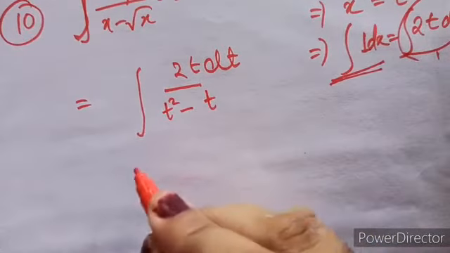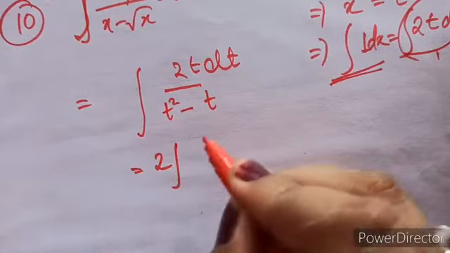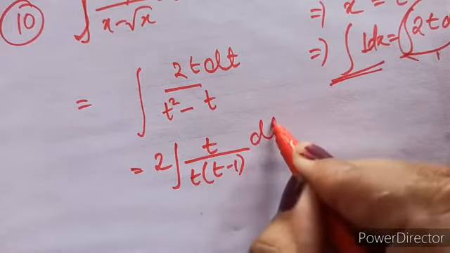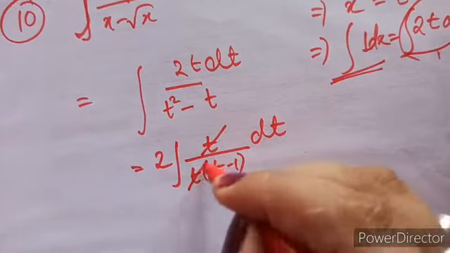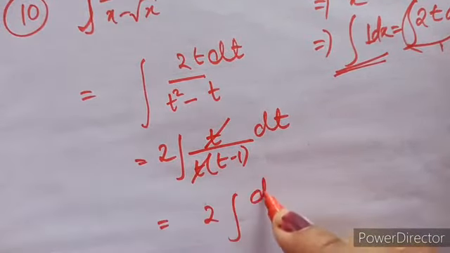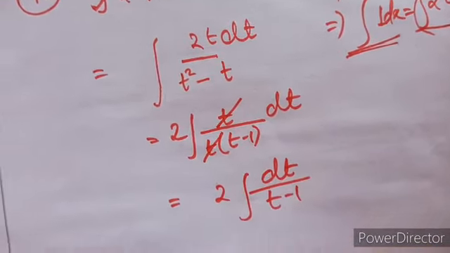Is not it? Now if I bring this 2 out, so if I take common here, that will be t minus 1 dt, and this part will be cancelled. So that is the integral of dt by (t minus 1).